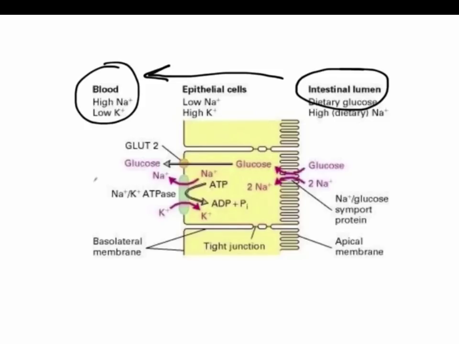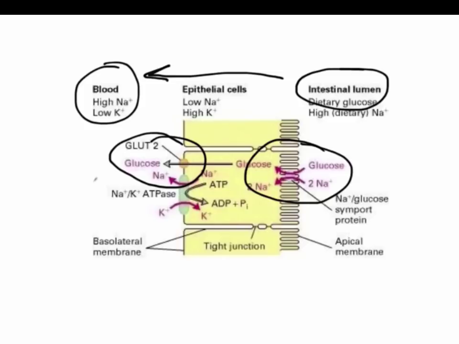And again, sodium is being pumped out of the cell, and the sodium concentration is being used by the sodium glucose transporter to allow glucose to be pumped from the intestinal lumen into the epithelial cell. Now GLUT2 is on the basolateral side of the cell, and this allows glucose to pass from the cell into the bloodstream.